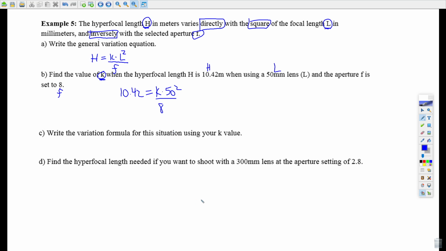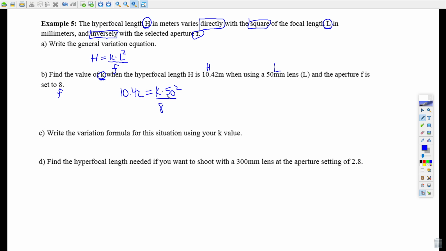Now, how do we solve this? There's a couple ways to do it. One is we could get rid of the 8, because there's division here. We can multiply both sides by 8. And then we could get rid of the 50 squared by dividing. You could also do 50 squared and then divide it by 8 and get a number, and then divide after that.